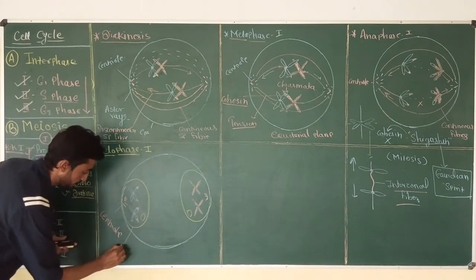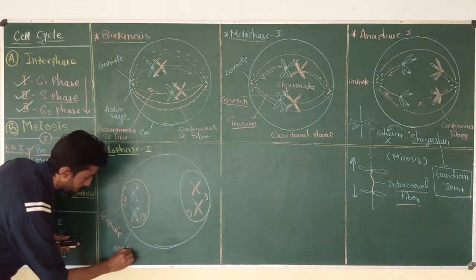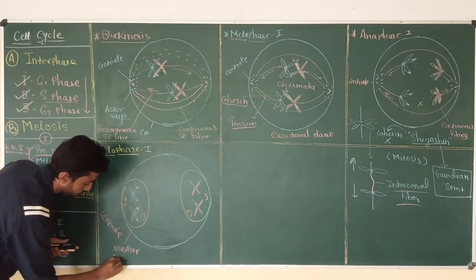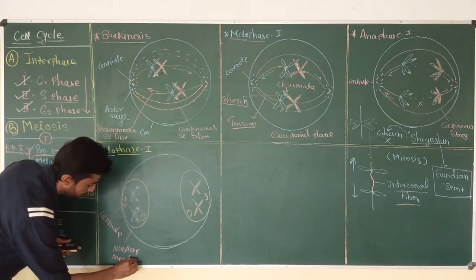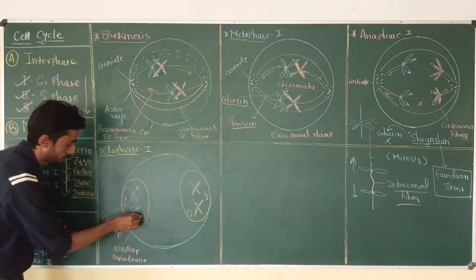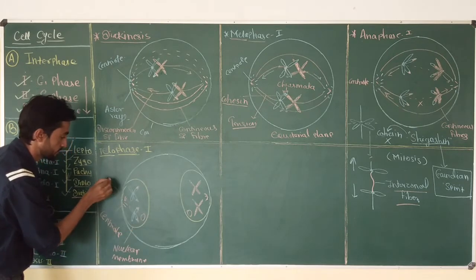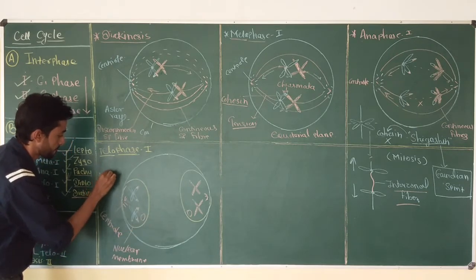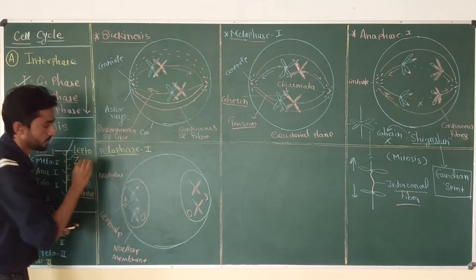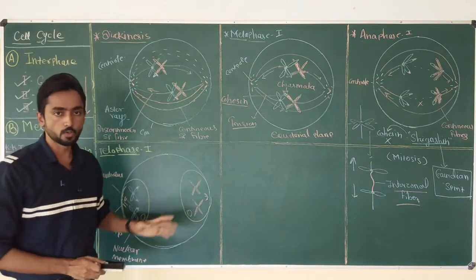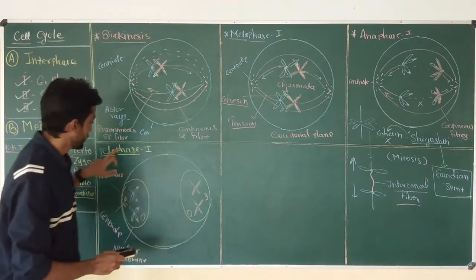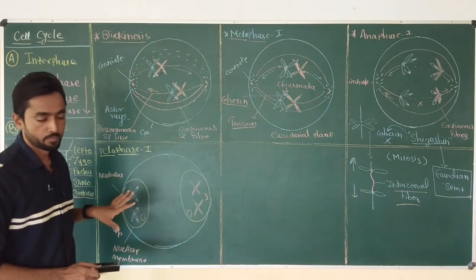So this is the nuclear membrane and the nucleus has a nucleolus. So the nuclear membrane and nucleolus reappear during telophase-I.